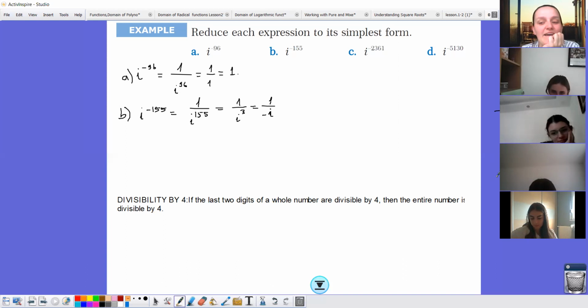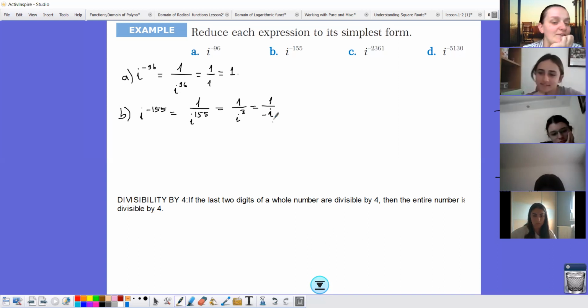For example, I have 1 over root 2, and I was not leaving it as a radical expression. So we multiply the top and bottom by root 2, and it becomes root 2 over 2.